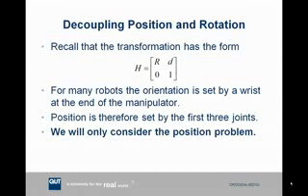For many robots, and these are the robots we're going to focus on because it makes our problem a lot easier, the orientation is set by the wrist at the end of the robot manipulator. That means all we have to worry about is the position, which is set by the first 3 joints in the robot. It's a subset of the larger problem, but often it's the main one we need to focus on, so it's reasonably valid for a large number of situations.